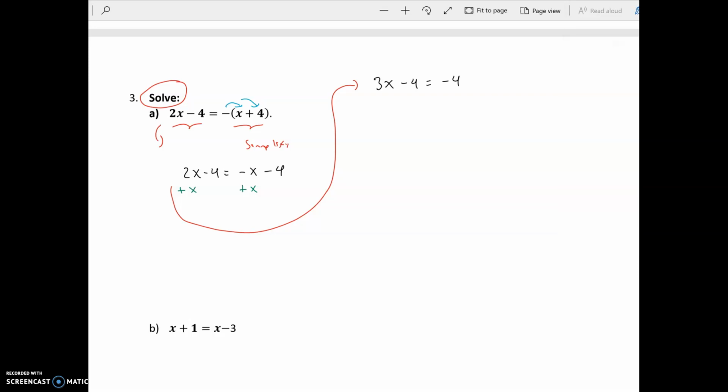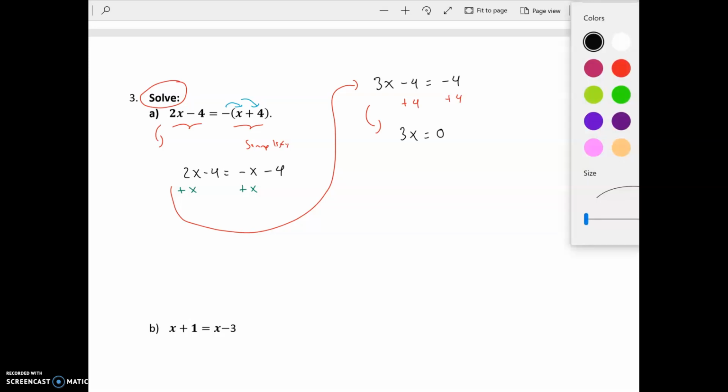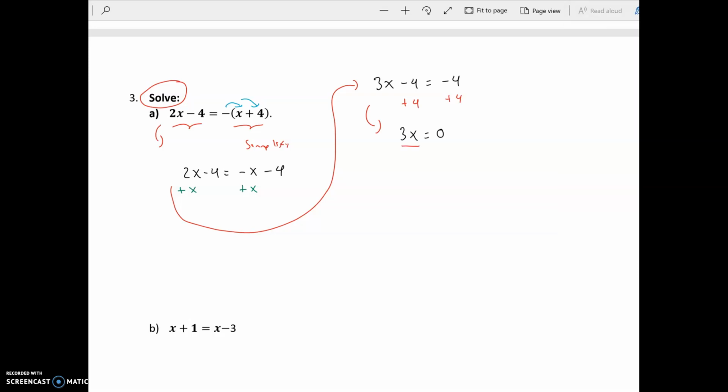And then our next step is going to be to add the 4. So we're going to end up with the values of 3x is equal to, in this case, -4 plus 4 is equal to 0. And then in the last portion, we're going to be dividing by 3.